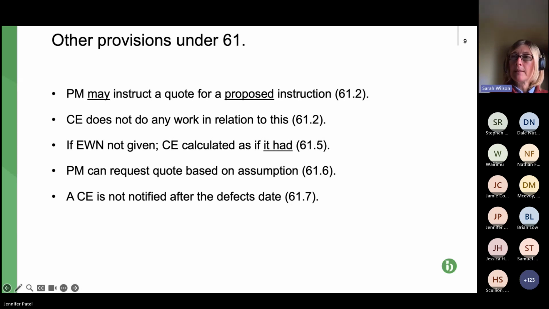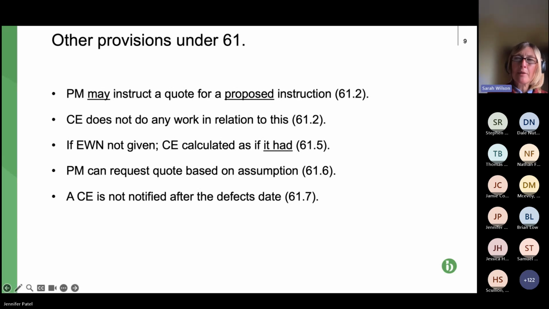At that point, that is a new CE based on an assumption happening. So the contractor would notify the CE, and you go through the whole process again of submitting a quote in regard to those non-favourable ground conditions. So the contractor can get compensated for the time and money relating to that.